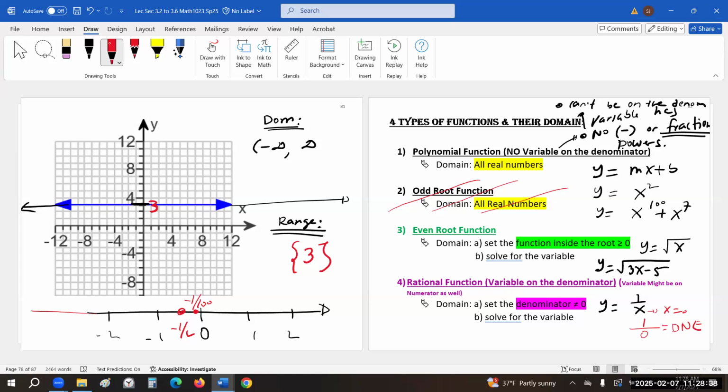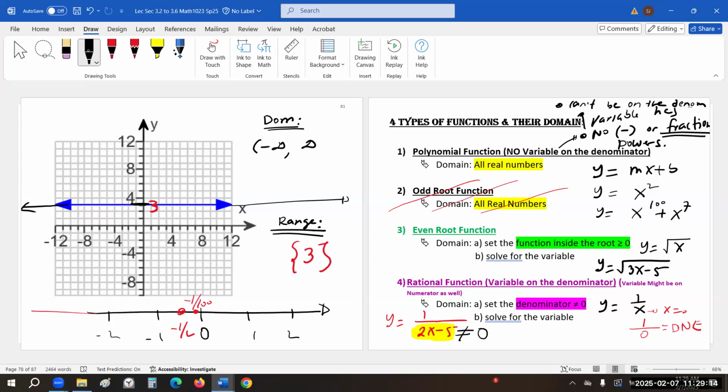For example, if we have y equals 1 over 2x minus 5, now this whole thing definitely cannot be 0. Not only x, the whole thing cannot be 0. So we start from there: this thing cannot be 0. Then we solve for x, and that gives us the domain. We take anything besides that number that makes the denominator 0.